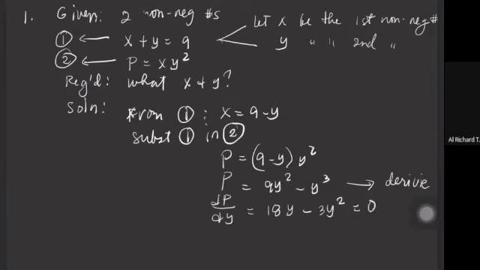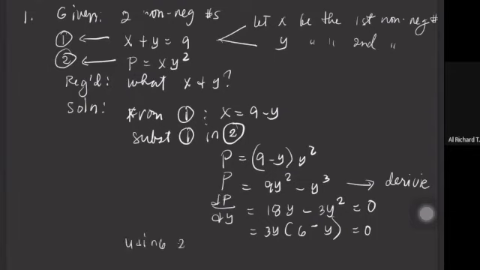Equate this to 0. So in equating to 0, we have a common factor y. Actually, 18 is divisible by 3, so you could say 3y, and so 18 divided by 3 is 6 minus y, right? And by zero product property, can you still remember?